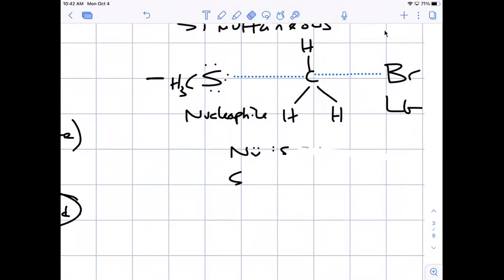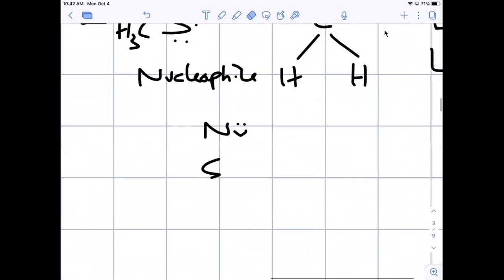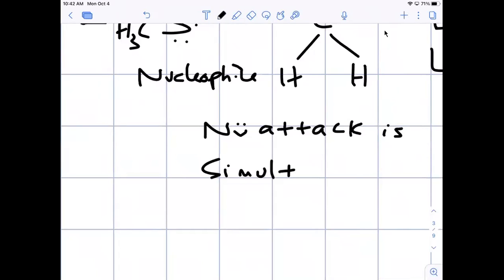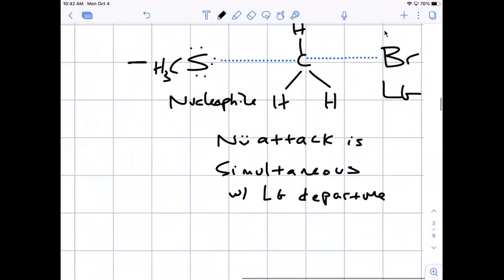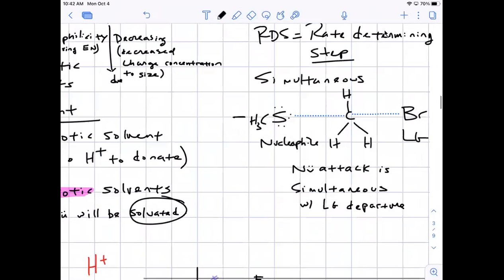Oh no, let me say it a different way. So nucleophilic attack is simultaneous with leaving group departure.